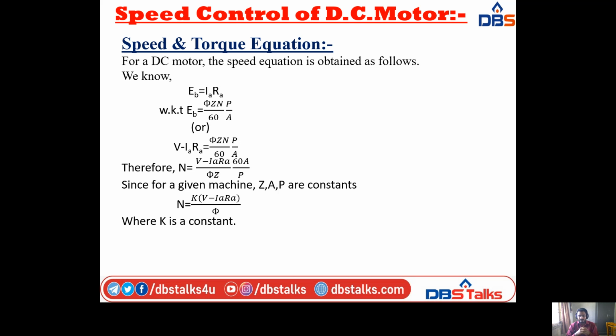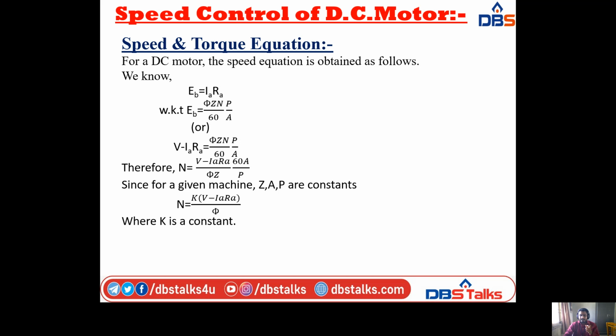Here K is a constant term, because Z, A and P are constants, and in place of those three I am putting the value K. So N is equal to K into V minus IaRa by φ. This is the speed equation of DC motor.